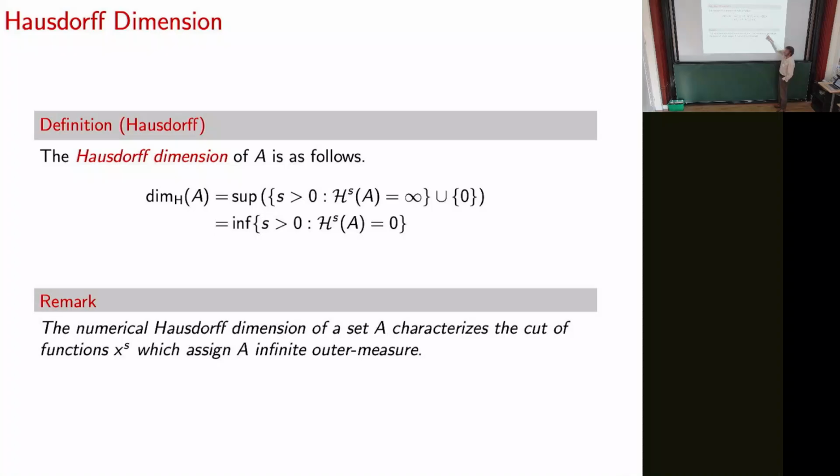And for that family of functions, there is this transition phenomenon. It's a property of a particular family of power functions which ones give the set infinite measure and which ones give it 0 measure. And then a number pops out because those functions are parameterized by numbers.